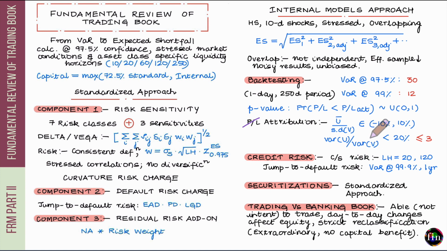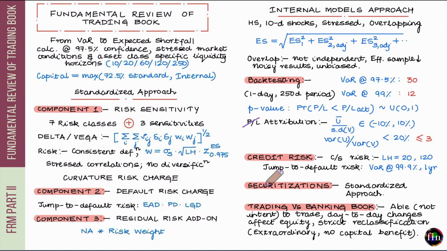Credit spread risk is tackled by this formula. Jump to default risk is tackled as if this particular position belonged to the banking book. The incremental risk charge introduced this constant level of risk assumption, which was a very simplifying assumption, and that assumption is not carried forward in the FRTB.